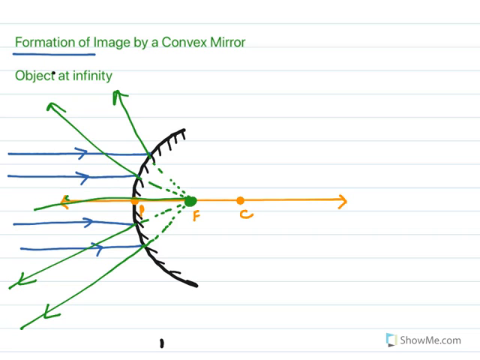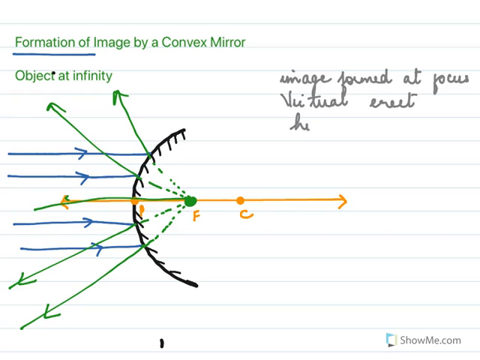It will be a highly diminished image formed at the focus. It is virtual because it is behind the mirror. So the image is formed at the focus. It is virtual, virtual images are erect, and highly diminished.